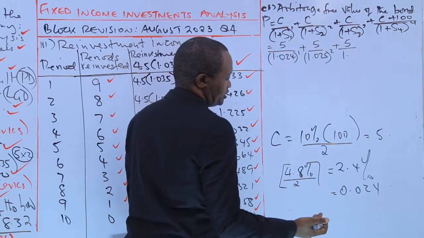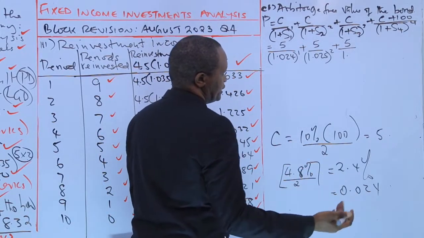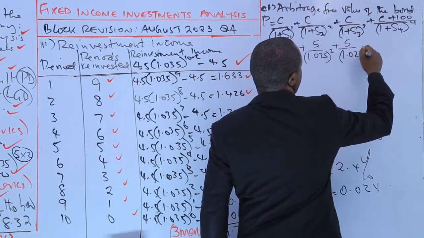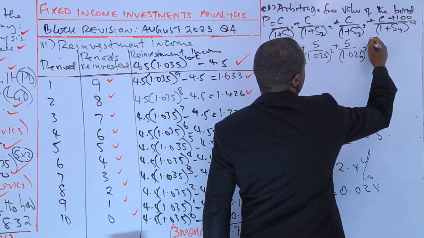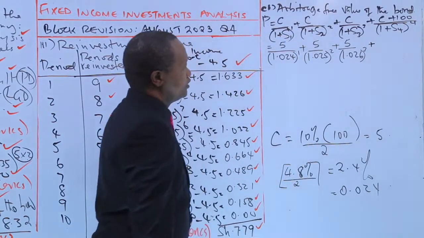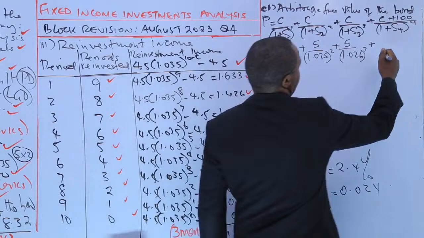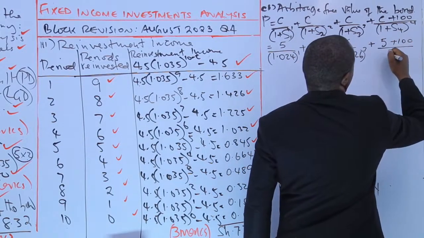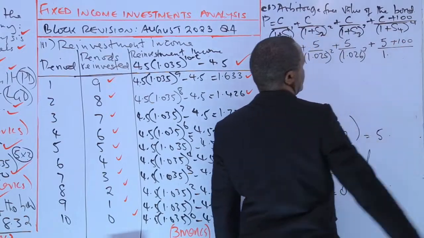Converted into decimal is equal to 0.026. So it's going to be 0.026 raised to 3, plus the fourth period will have 5 plus 100 over 1 point.